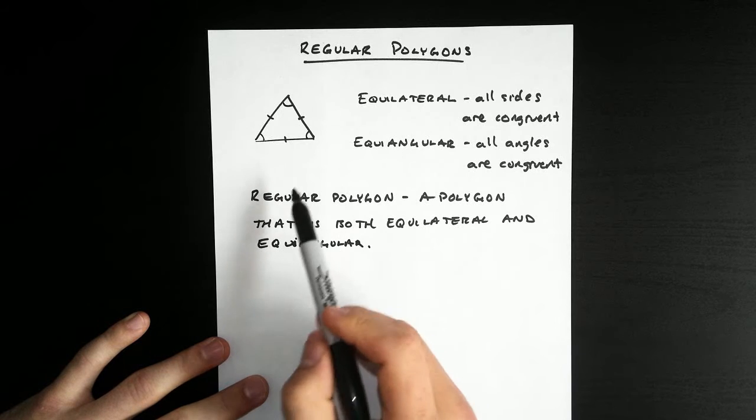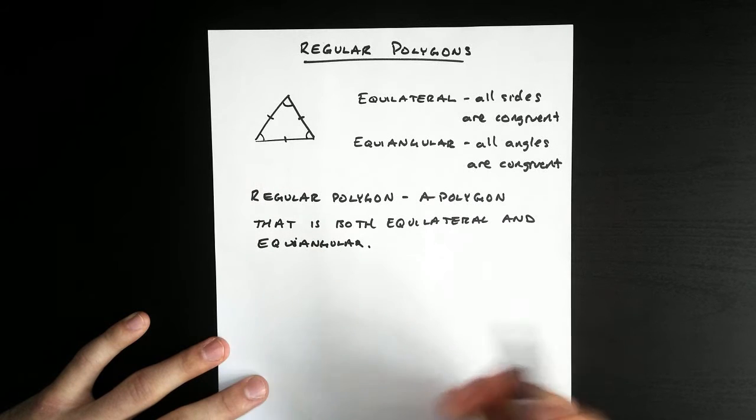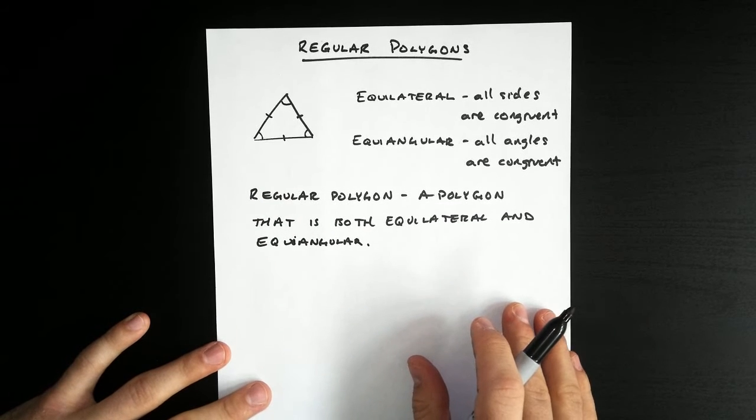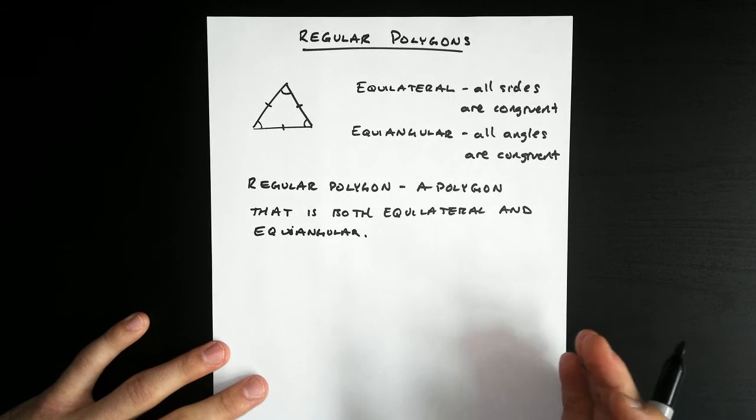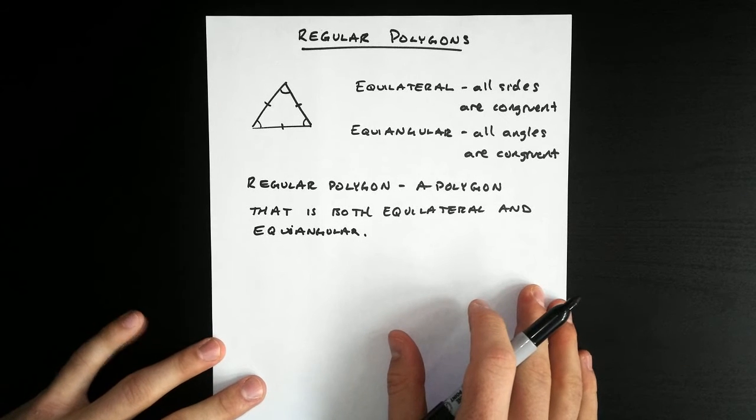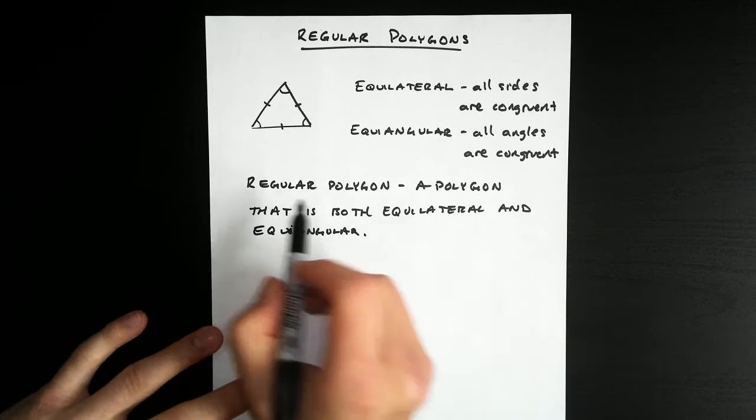So for example, an equilateral triangle or a square, or if you think about an octagon, like a stop sign, that would be a regular octagon.